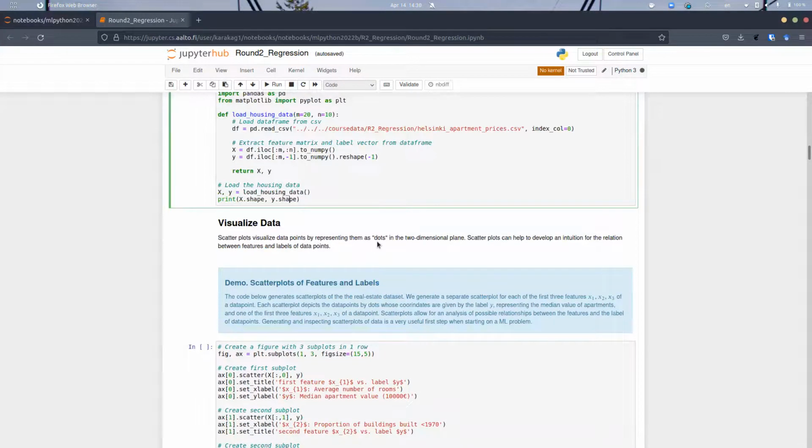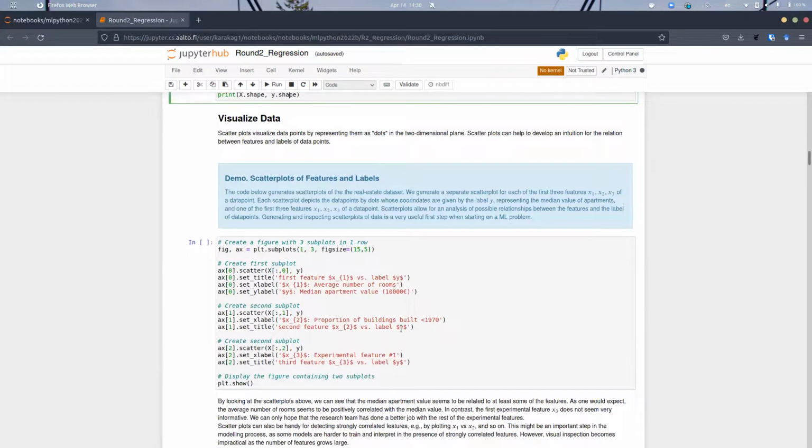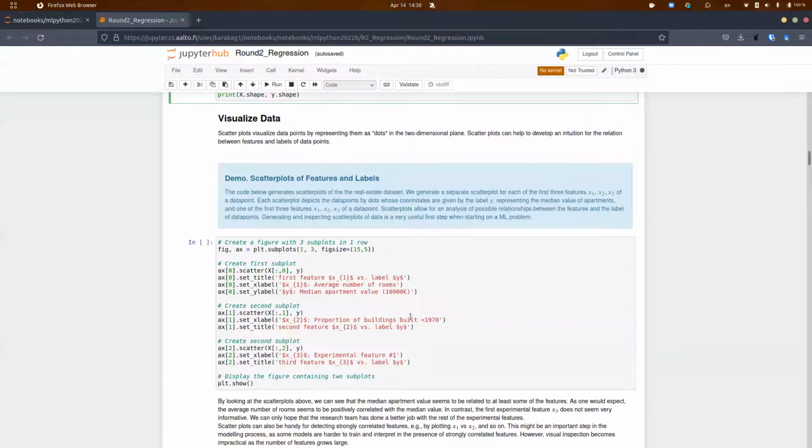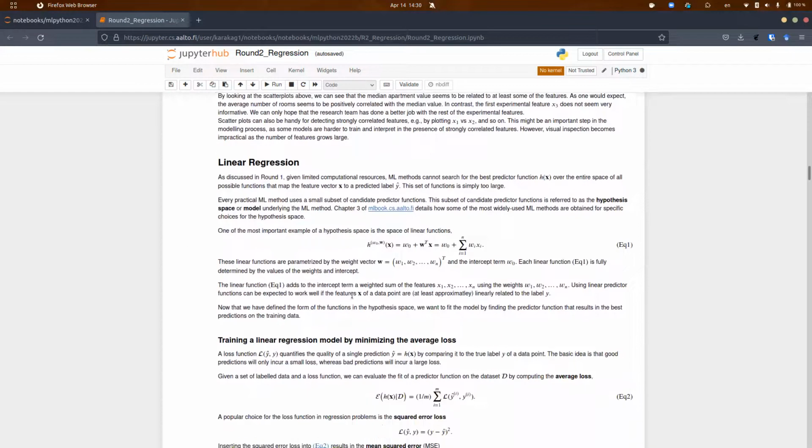In your case, since you're only using the first feature, the average number of rooms, you're trying to plot it against the median apartment value. So you'll have a 2D plot here, and so on for the other features.